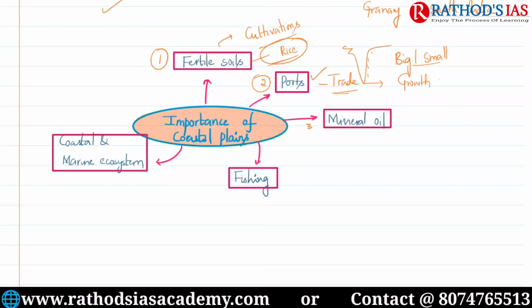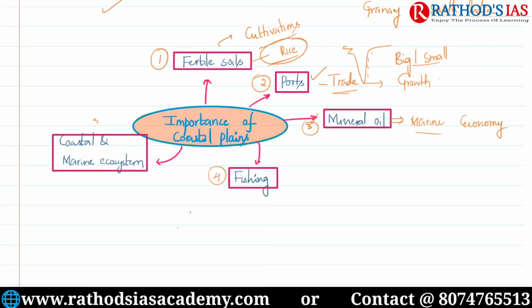The third one is large deposits of mineral oil, which is also helpful for the marine economy of the country. These coastal plains are also very important for fishing, because a group of people depend on fishing as their livelihood and occupation in the coastal areas.